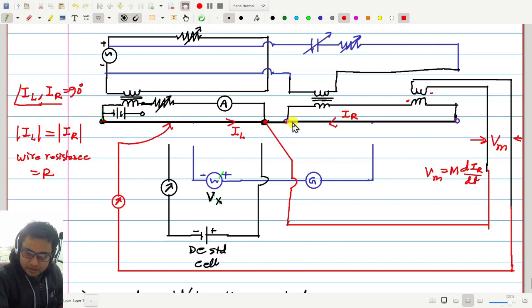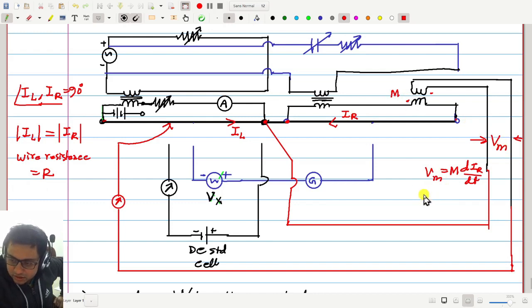And suppose this has a mutual inductance M, then this voltage Vm has a magnitude of IR omega M. Magnitude of Vm equals M omega IR.